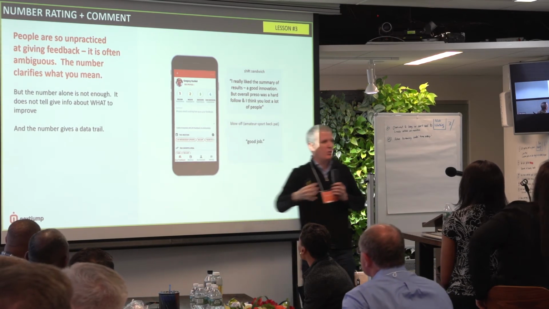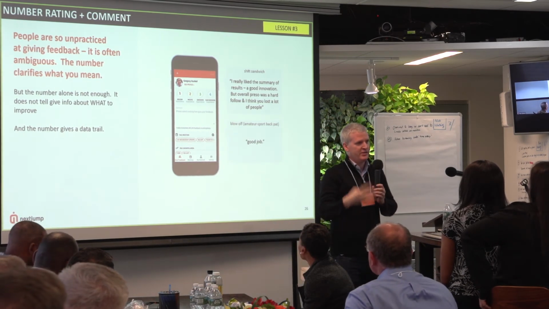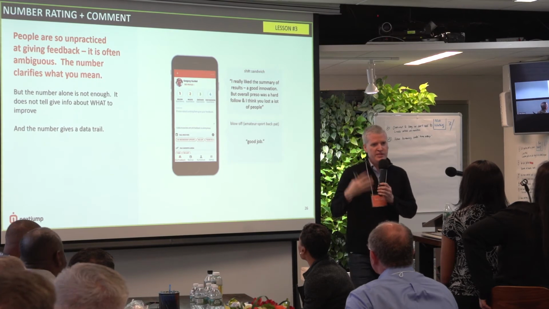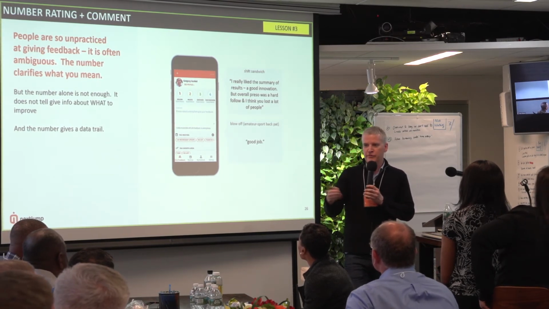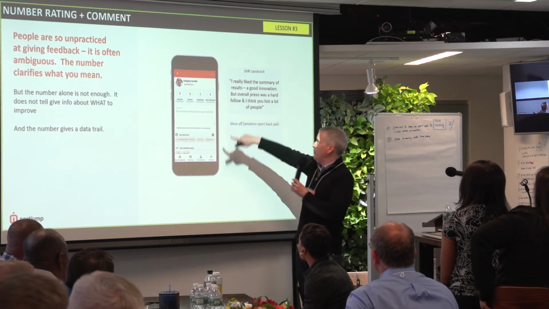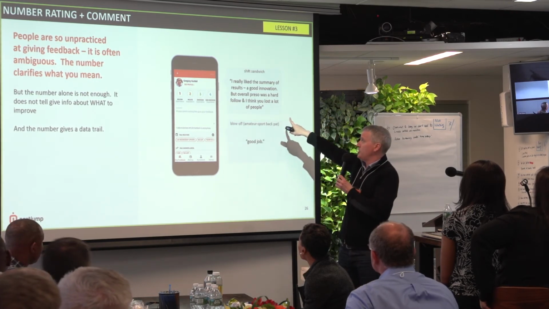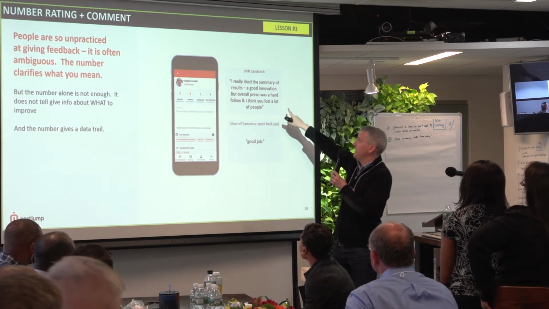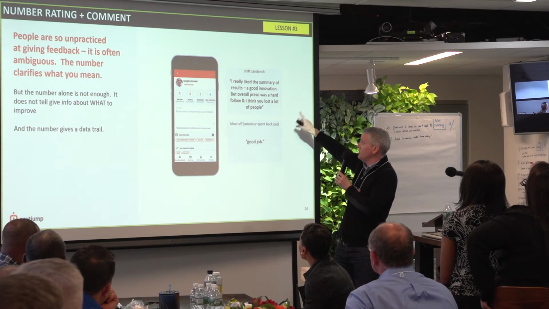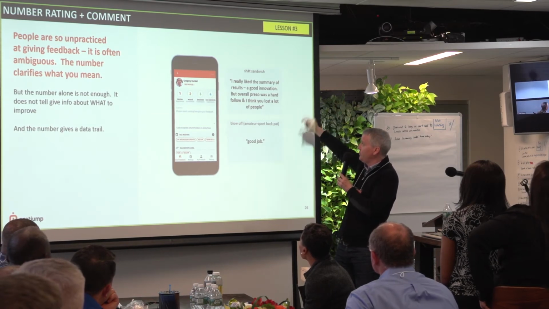What information is most useful to collect in terms of feedback? And we've come to this idea that you need both a numerical rating, but also free copy. Why both? I think the number one issue is that people are just so unpracticed at giving feedback. You either give the shit sandwich, like I really like that summary results, good innovation, but overall the preso was hard to follow, and I think you lost a lot of people.